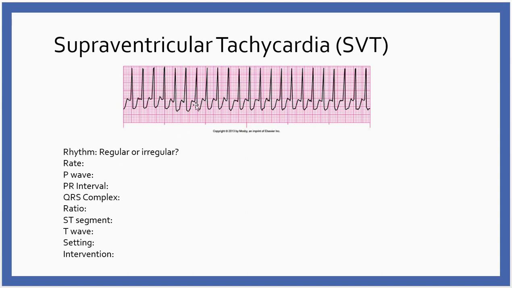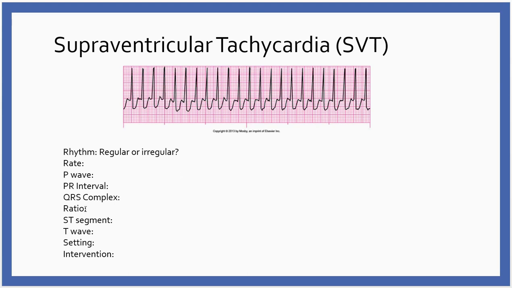You'll notice that it's impossible to find a P wave. That's the other thing we see: you really can't discern a P wave, so you can't do really a PR interval. The QRS complex is narrow, and everything's kind of squished together, but the QRS complex is less than 2 baby boxes, so it's less than 0.08.